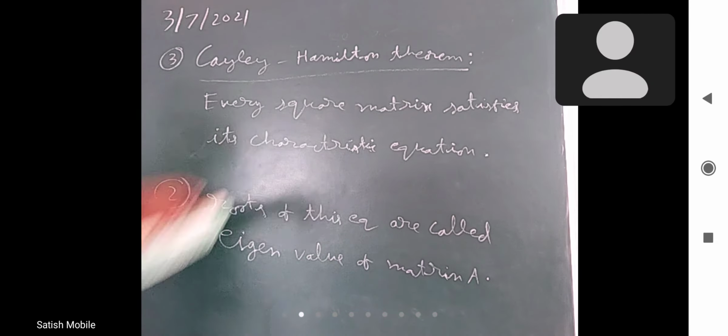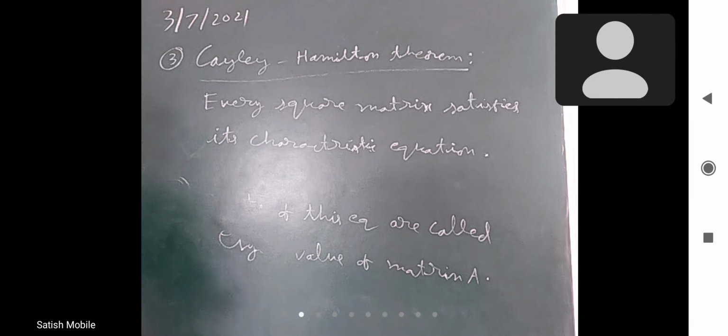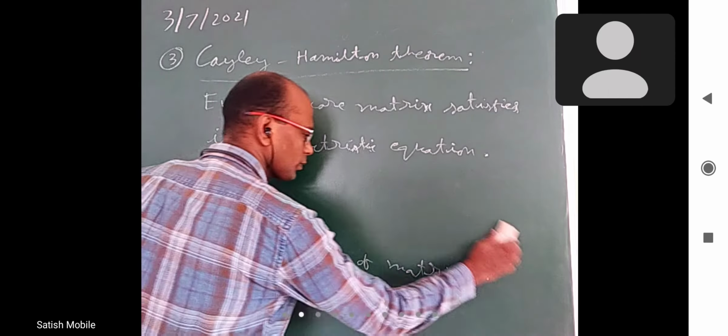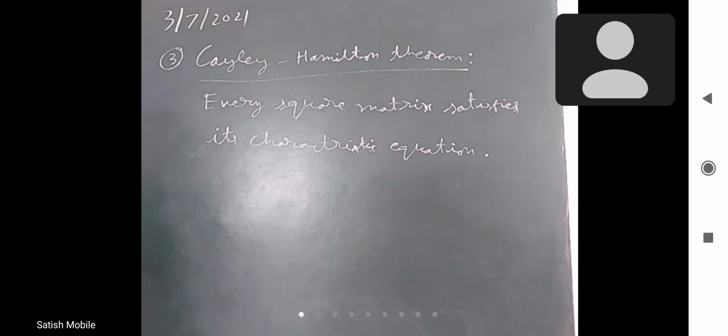I'll explain what it means. Just write: every square matrix satisfies its characteristic equation. Okay, let us take one example.